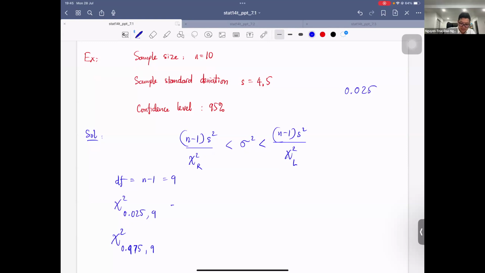Are we good? So 19.0, right? We approximated 19.0. And then we can find the area to the right equals 0.975. Okay, 2.7, right? So this one I'm going to write 2.7.